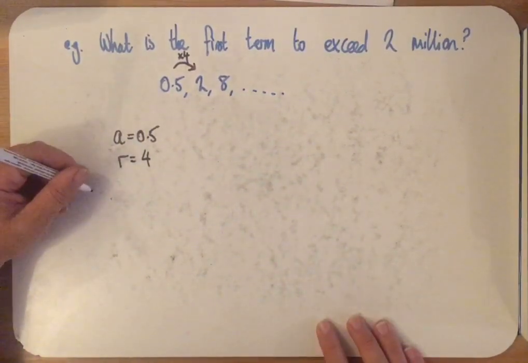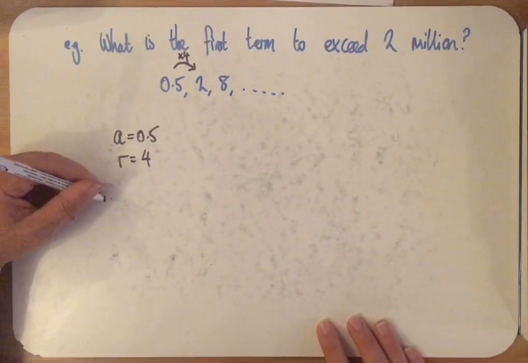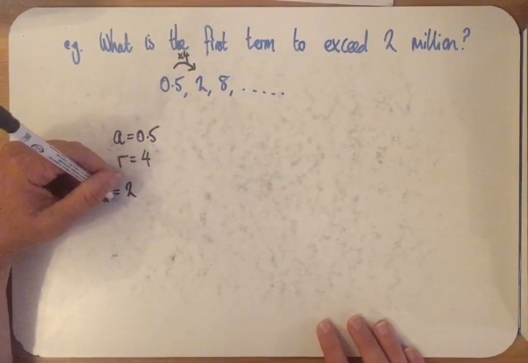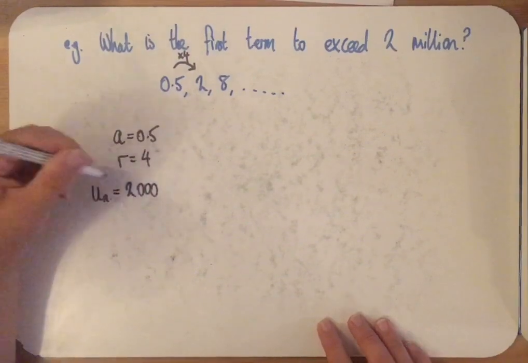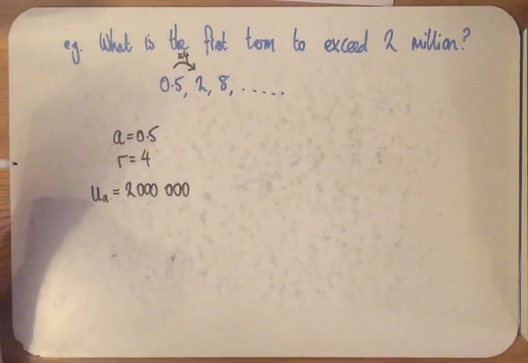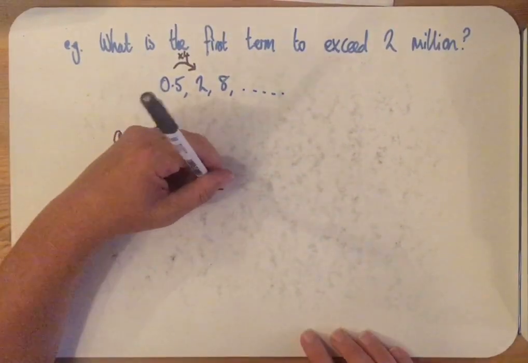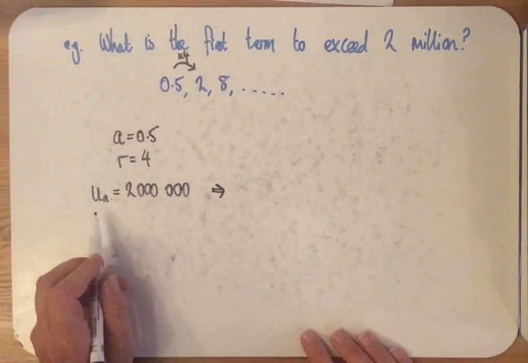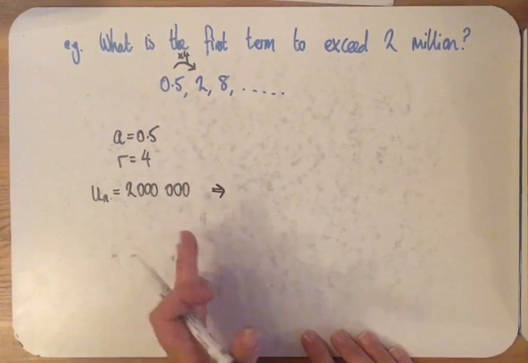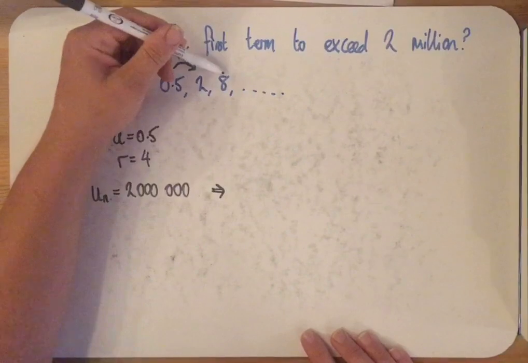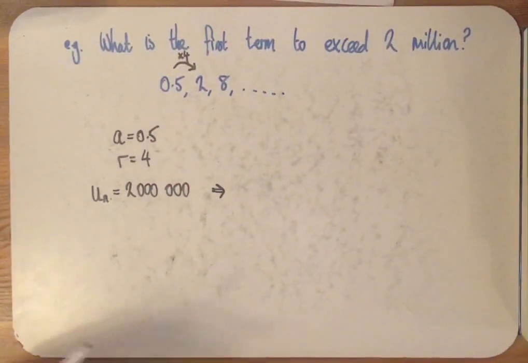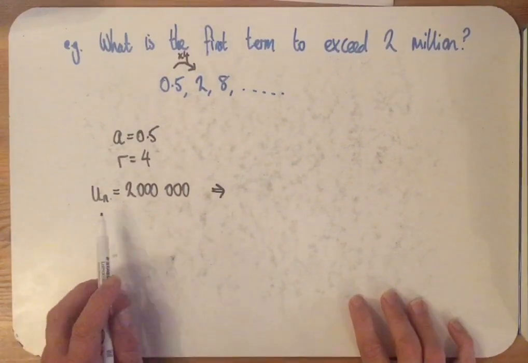If you think about the nth term equaling 2 million, you could do bigger than 2 million, but you'll have to think about whether you need to flip your sign or not. So this way is fine for these. If the nth term equals 2 million, then the next one along will be bigger than 2 million because the sequence is increasing. So you need to think about, is it increasing, is it decreasing, and so on.